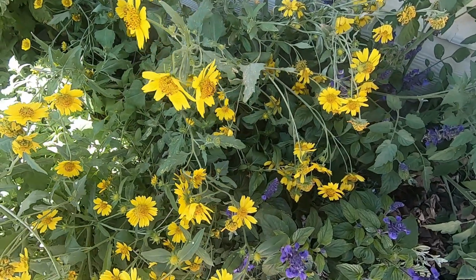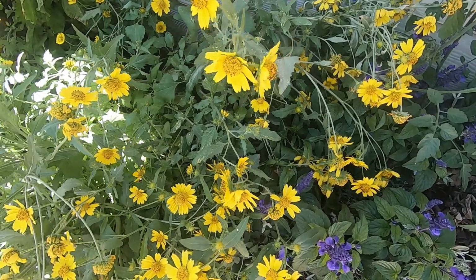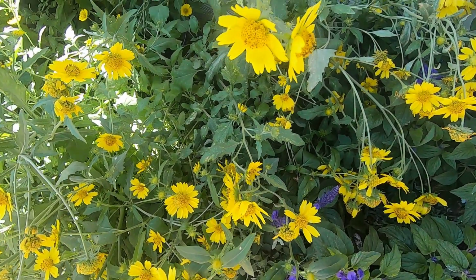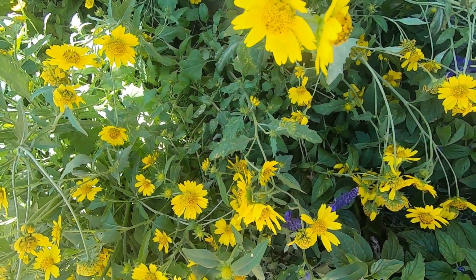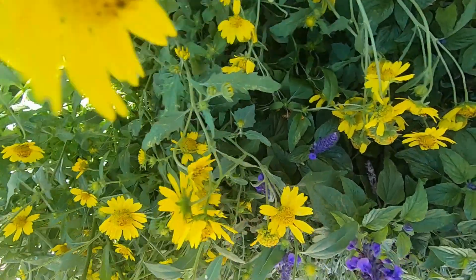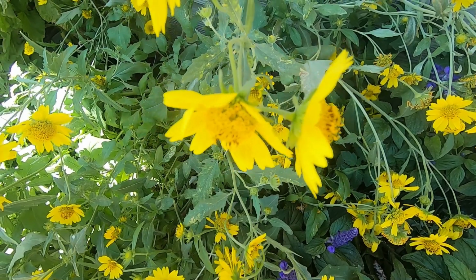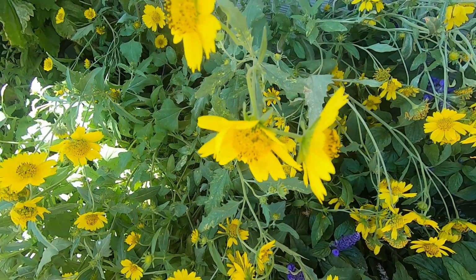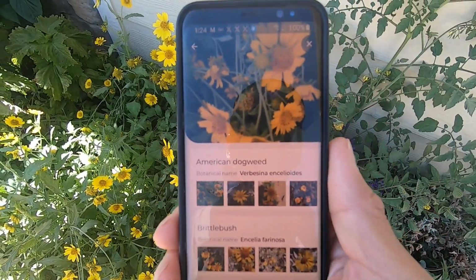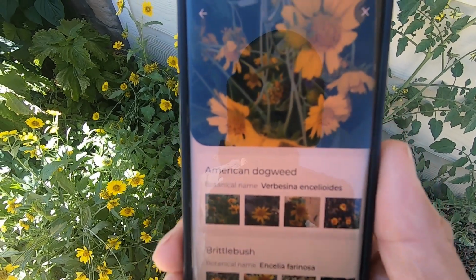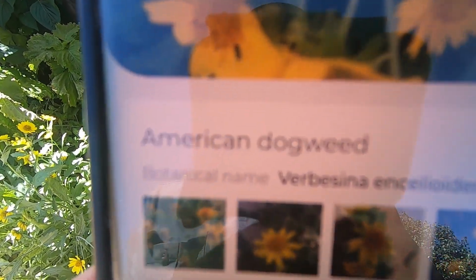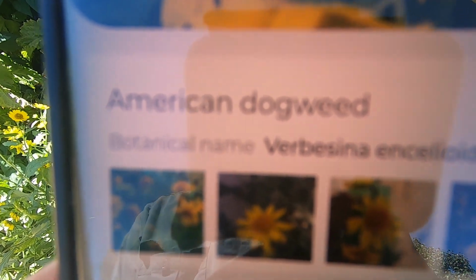So this is the weed plant called Babicina enceladus. I know this particular species' name and everything, so I'd like to try this. Yeah, so this is how it came out: American dogweed.